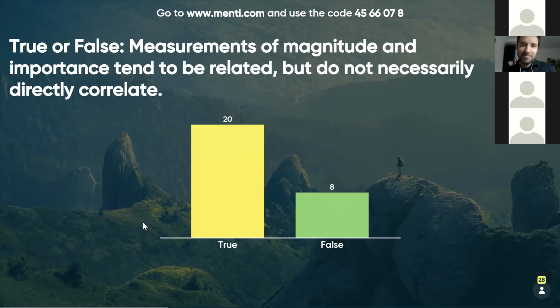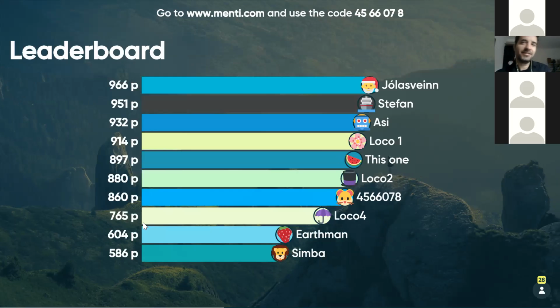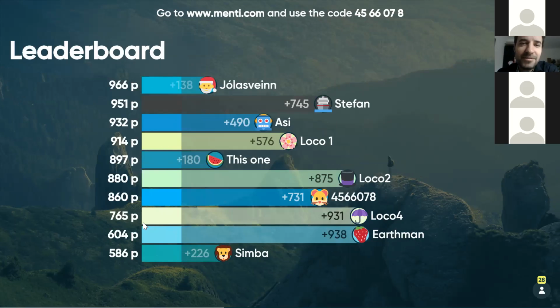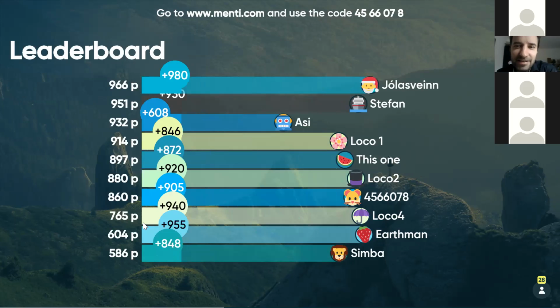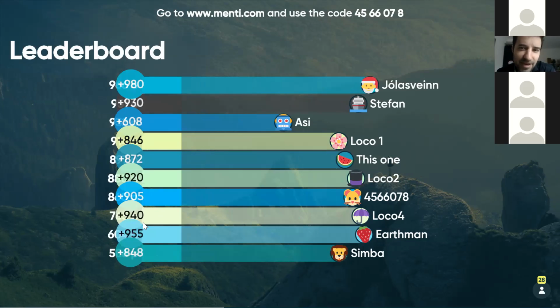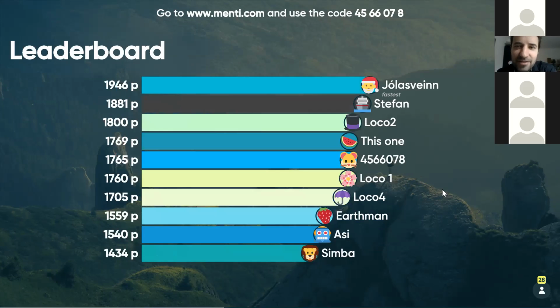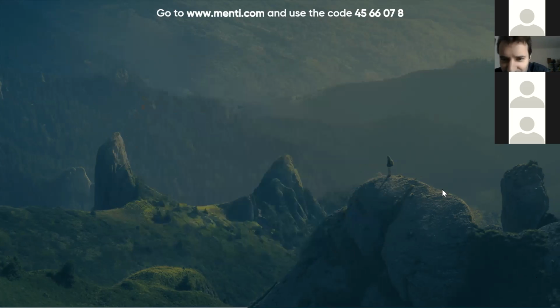Okay, time's up. So we have, did something change? Yola Sven is conserving the lead with 980 points, 50 points ahead of Stefan. Loco 3 was behind, but we have Loco 2 in third place. Lots of Locos here, even Loco 4 today.